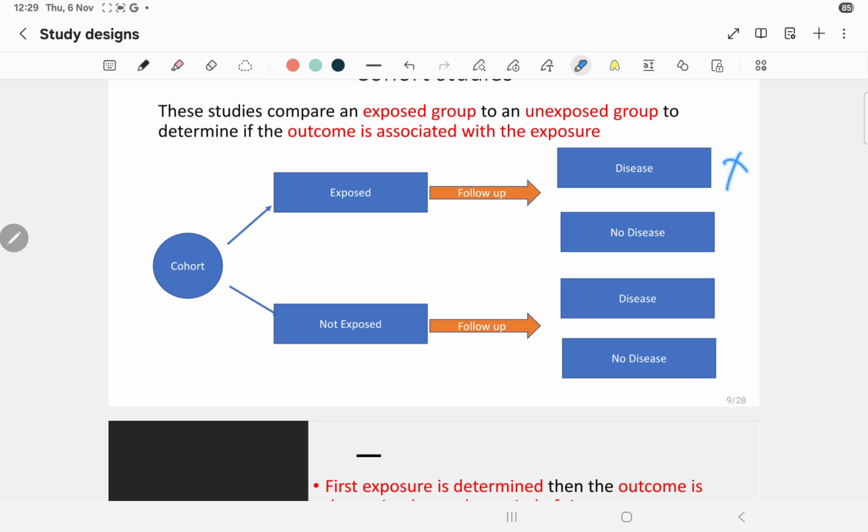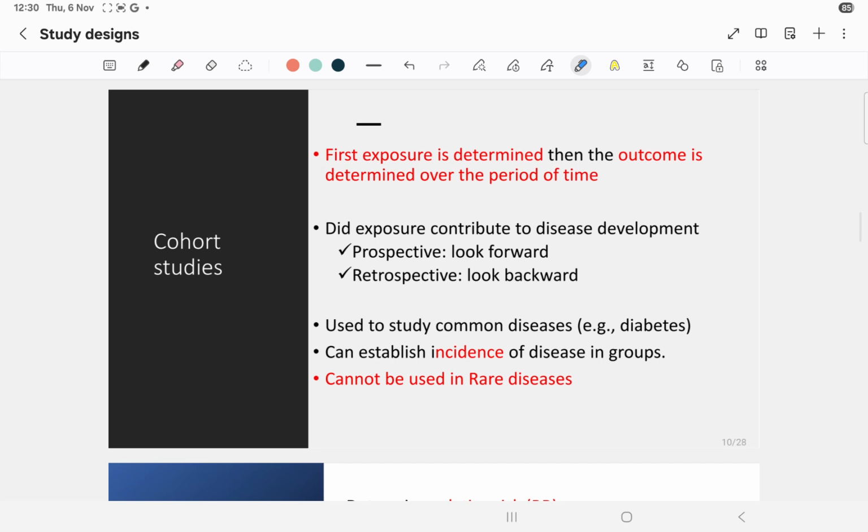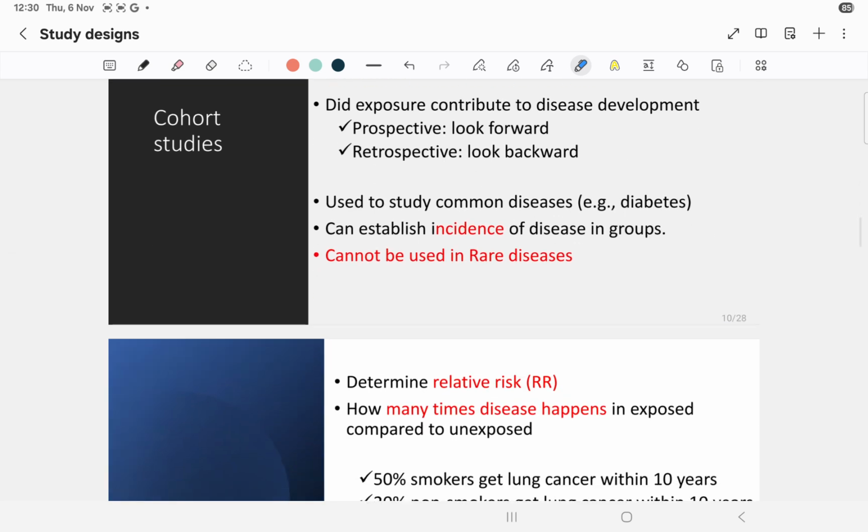So if nobody develops a disease, all your effort in terms of time, money, and resources during this follow-up period will go to waste. Because in rare diseases we don't know how many people will develop the disease, or whether anybody will, we will not do cohort studies in case of rare diseases, because they are very costly, time consuming and resource consuming as well.